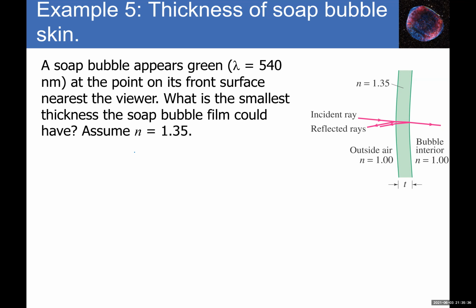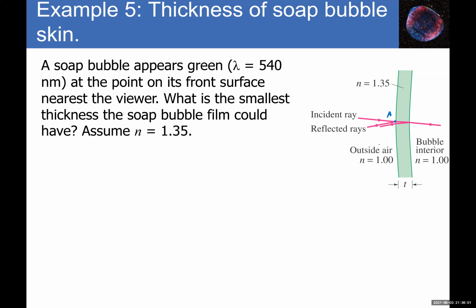All right. So one thing we have here is that if I take this to be point A, over there you go from lower index of refraction to higher index of refraction. So that particular reflected ray will undergo a 180-degree phase change, whereas the other one will not.